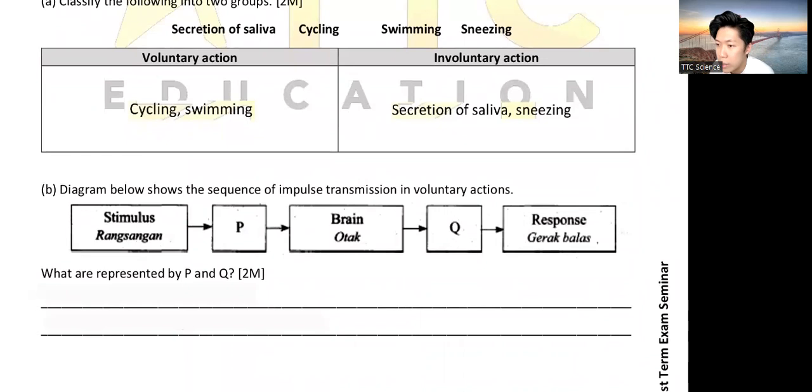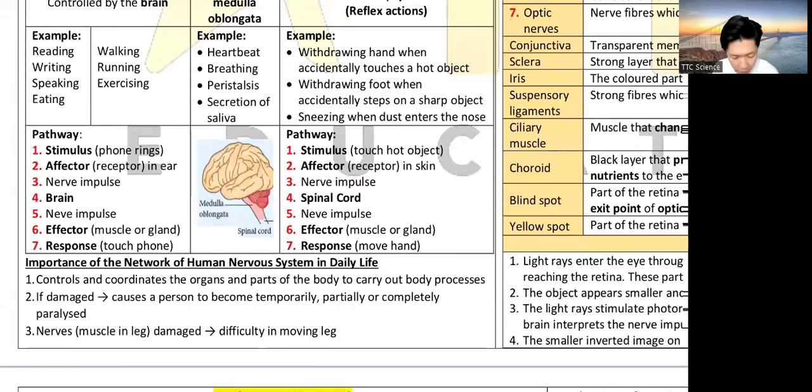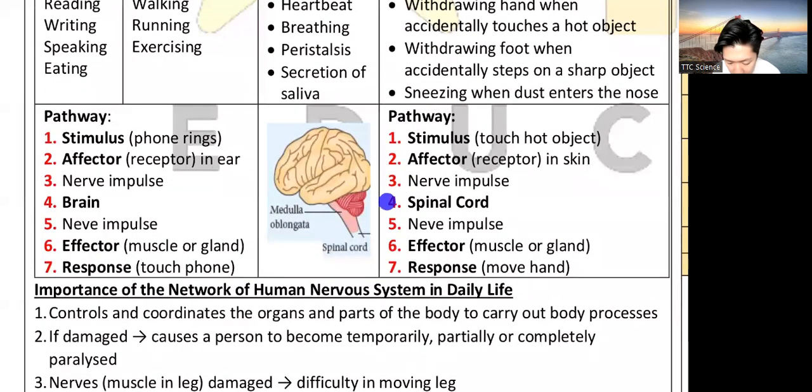The next question is to write down the impulse pathway. This is the pathway. You should be able to find about 90% of the answers in my short notes. Just take note on number 4.